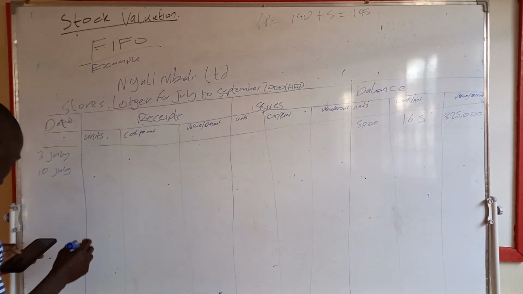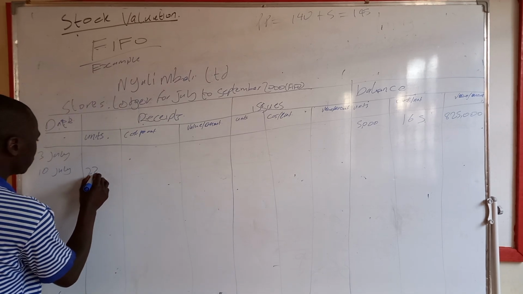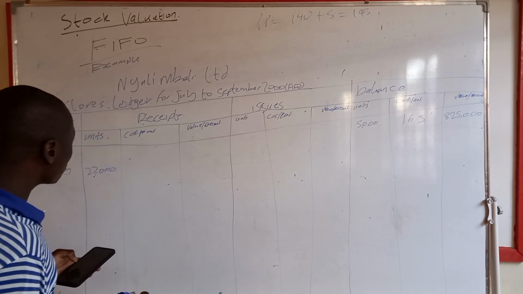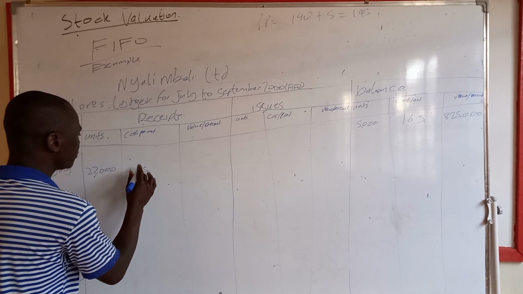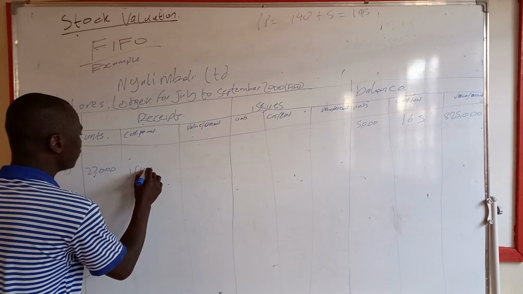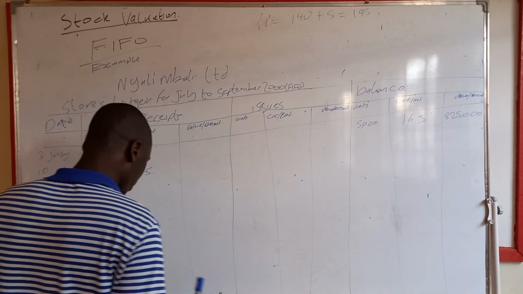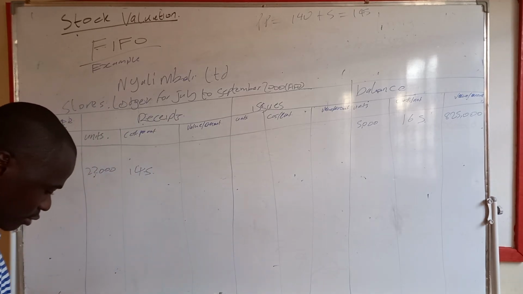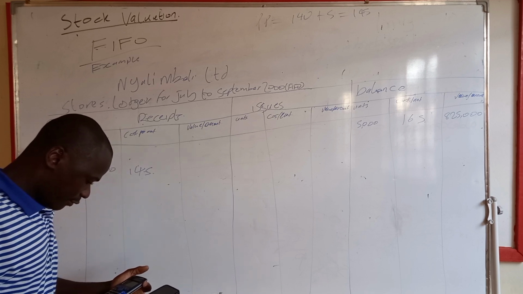So there was a purchase of 22,000 tiles. What was the cost per unit? 145 shillings. So what is the total? It is 22,000 times 145.